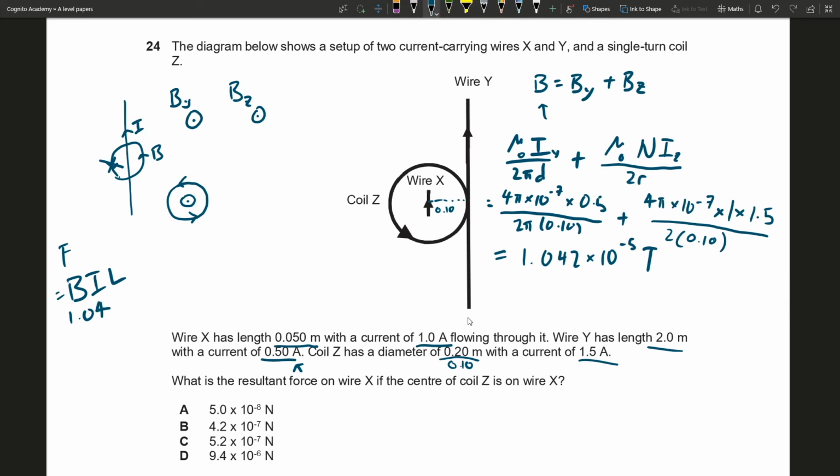Okay, 1.042 times 10 to the power of minus 5 times I, the current flowing through wire X, 1.0 amps, times the length of your wire L, so it's 0.050, and that gives us an answer of 5.2 times 10 to the power of minus 7 newtons. So answer here is C.